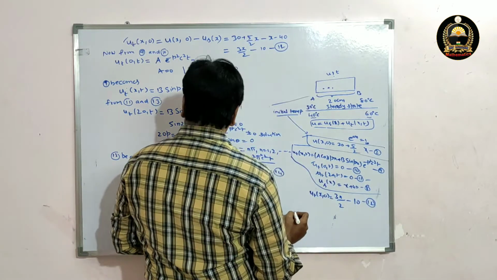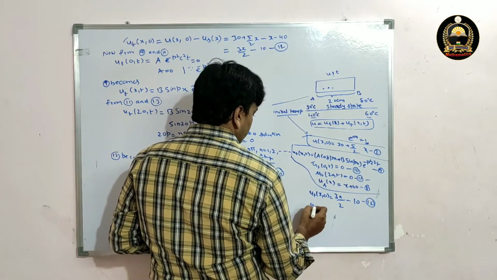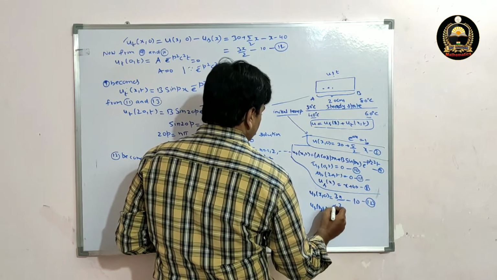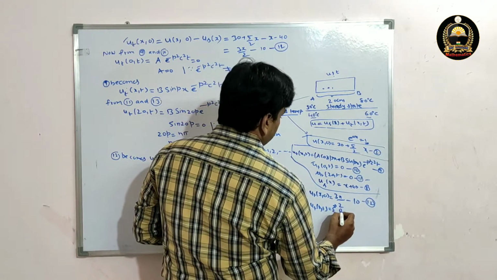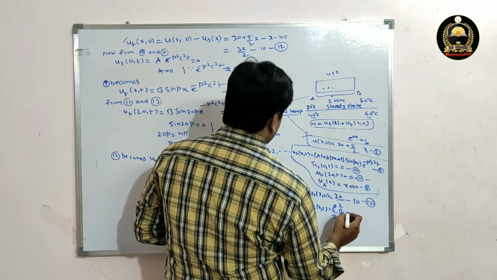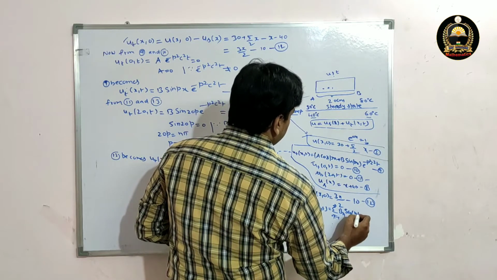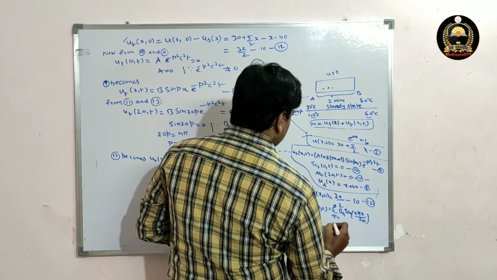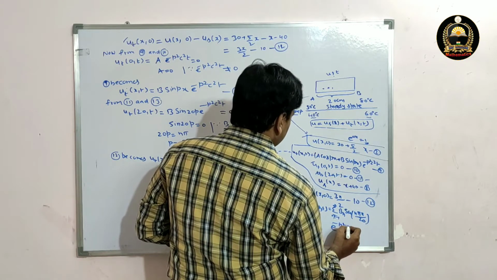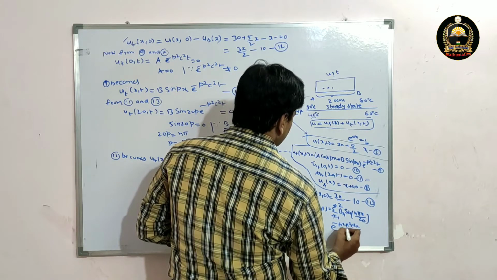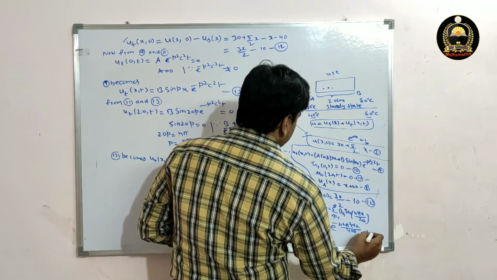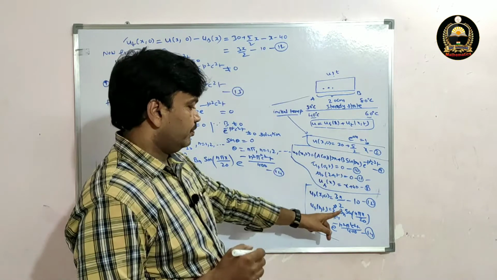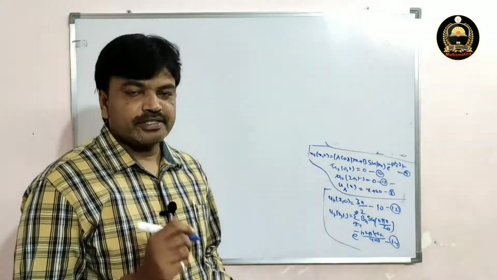And u of x comma t, sigma n is equal to 1 to infinity bn sin n pi x by 20 into e power minus n square pi square c square t by 400. So this is 14. Let us find the bn value. Let us continue.